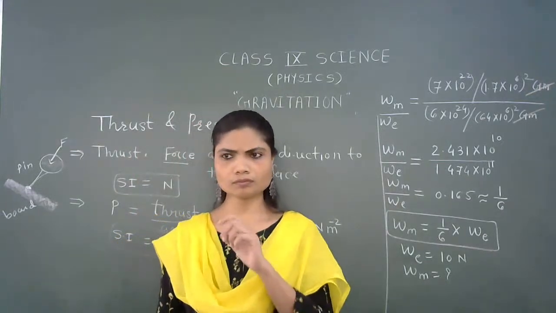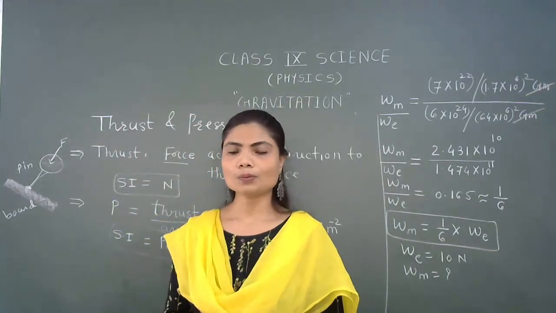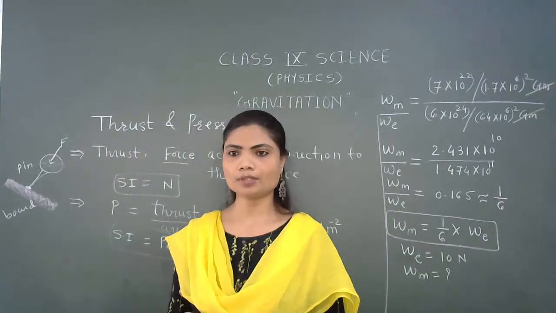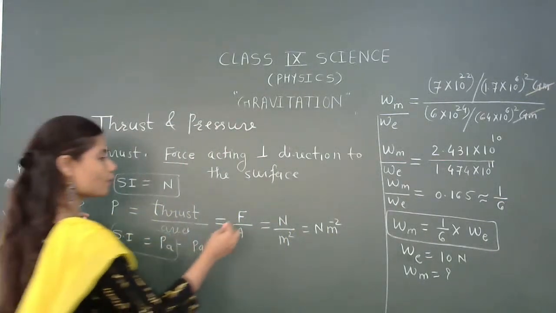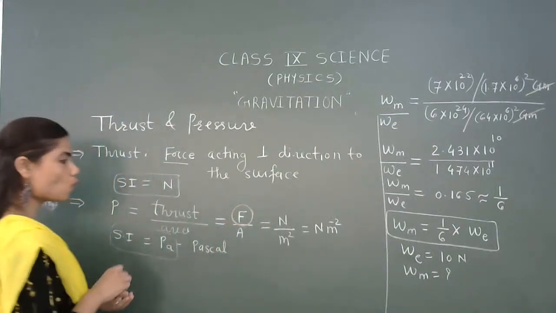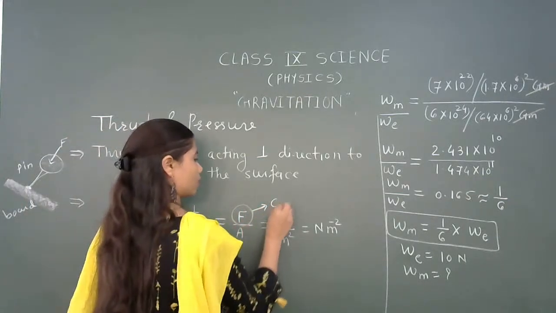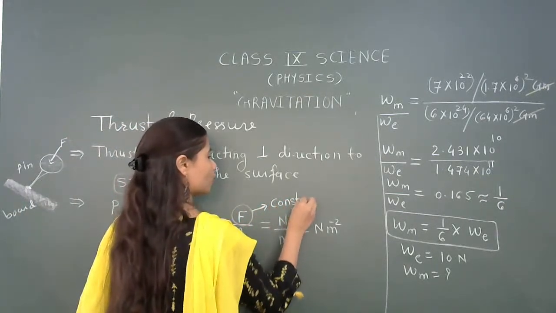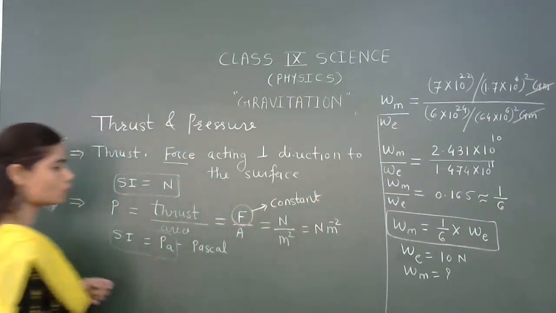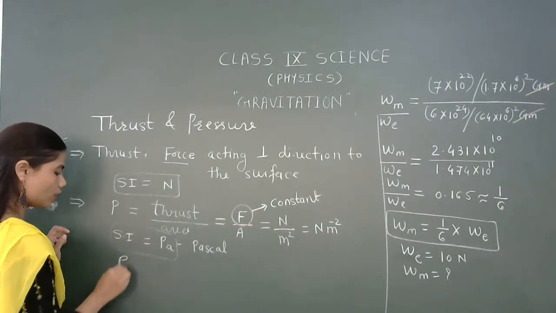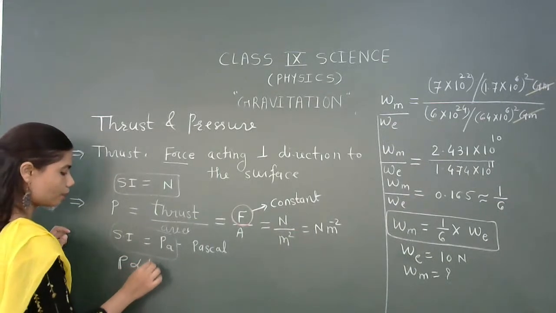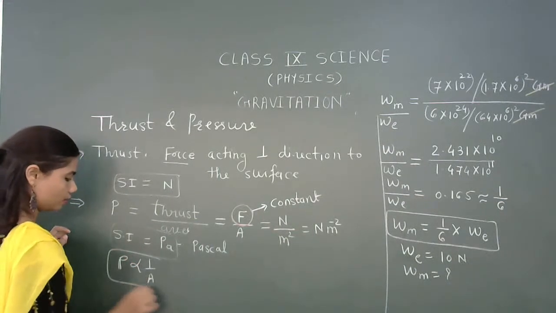Okay. Now, how can we relate this area with the pressure, which is important to understand. If we understand that the force is constant, means the force you are applying is constant, then you can see clearly this pressure will be inversely proportional to area.